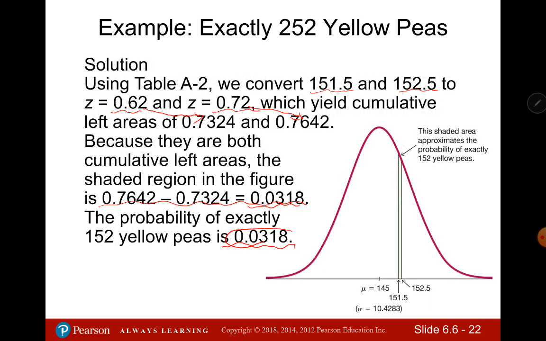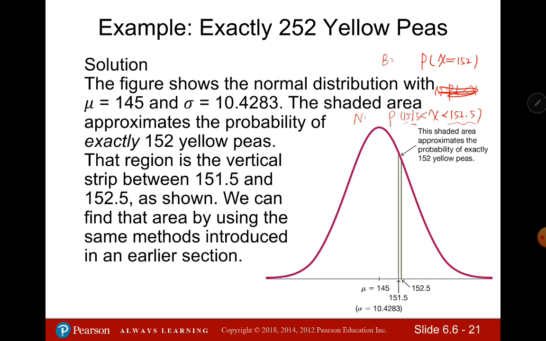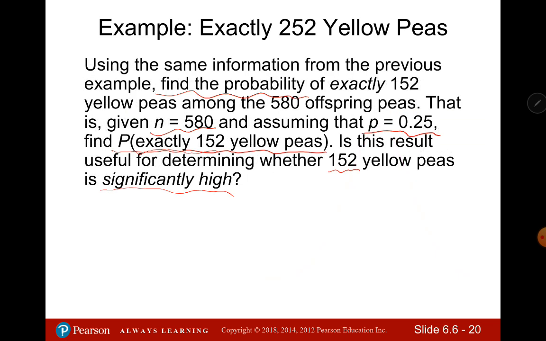So we have finished the first part, right? The probability of x equals 152, so exactly 152, is equal to 0.0318. Then we check the second question. Is this result useful for determining whether 152 is a significantly high value or not?